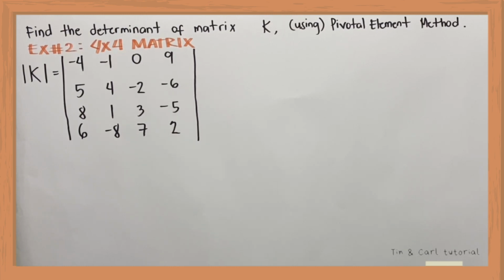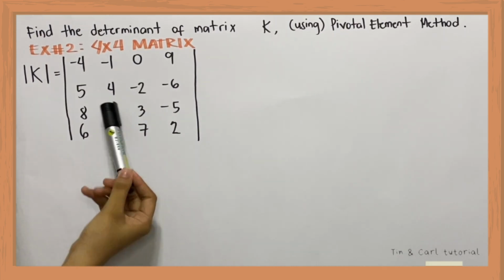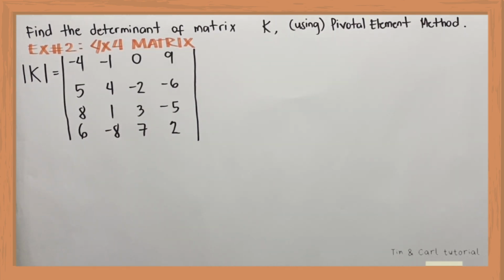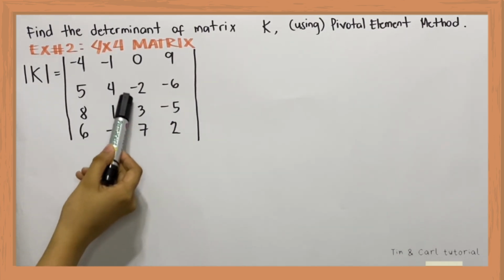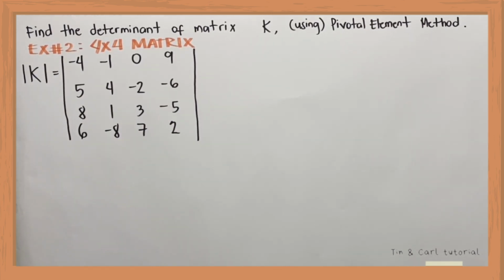So, to start, step 1 is to choose one element that we will be considering as our pivotal element. The pivotal element must be equal to 1, or what we also call the unity. We can see in this example that we already have a pivotal element of 1.